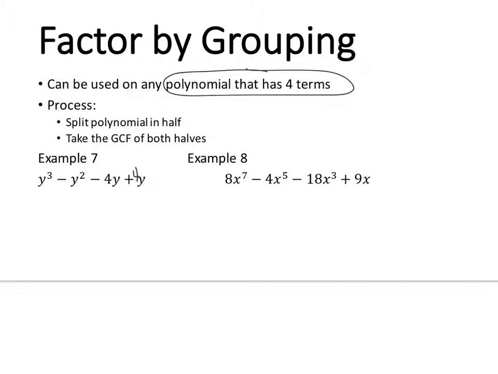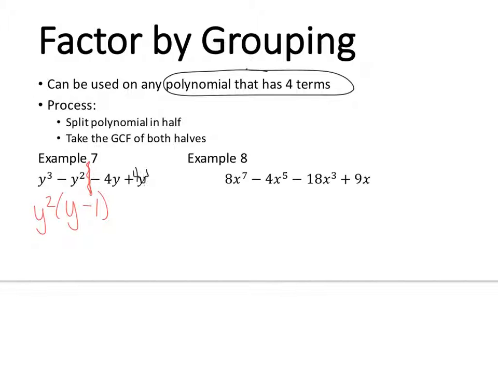Looking at example number 7, first thing I'm going to do is split this polynomial in half. The front half, I look at y to the 3rd minus y squared. They have a y squared in common, and I'm left with y minus 1. On the back half, I have a negative 4y, and that's actually a typo.